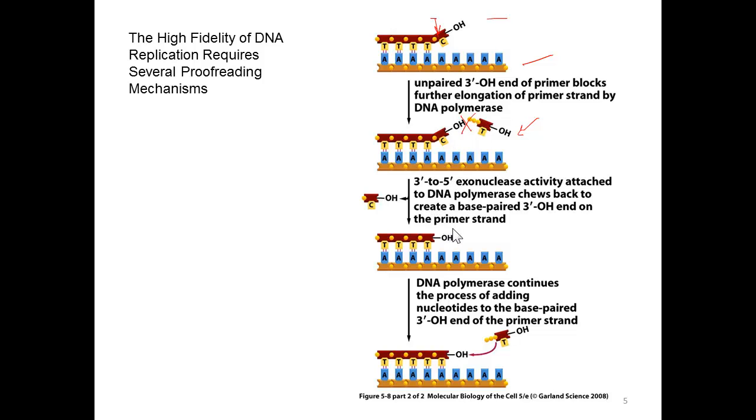Instead, it has a 3' to 5' exonuclease activity. That means starting at the 3' end, moving in the 5' direction, it can chew back bases that are not correctly base paired to the template strand. Once the incorrect base is removed, it can add the proper bases and properly extend the DNA strand.